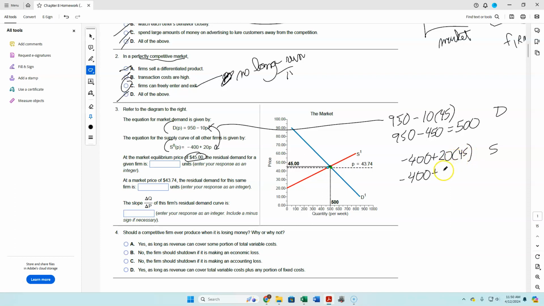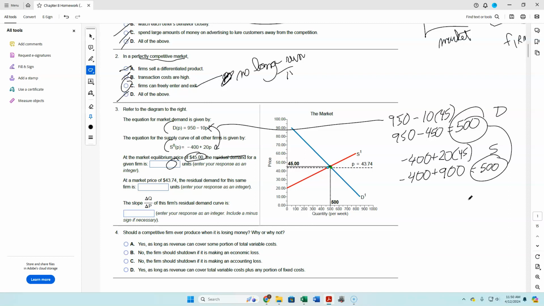That would be 450 plus 900 equals 500. Okay. So from our demand and supply side, in terms of residual demand, meaning anything left over, what we would see is that it is 0 units, right? Because demand equals supply.